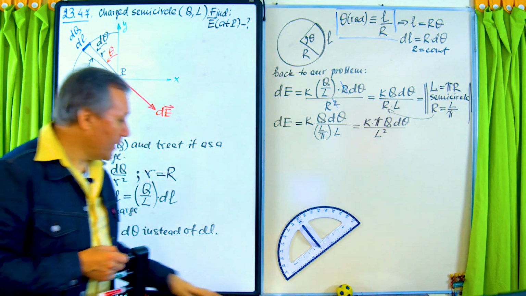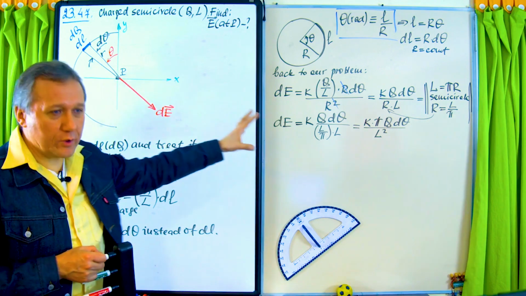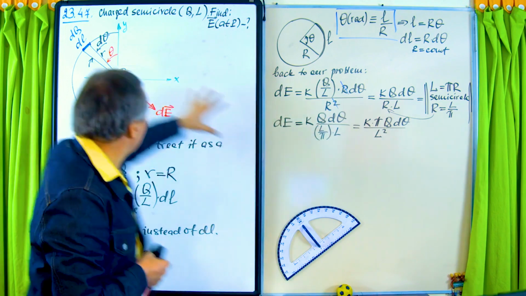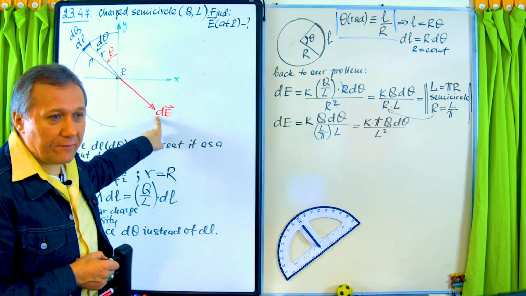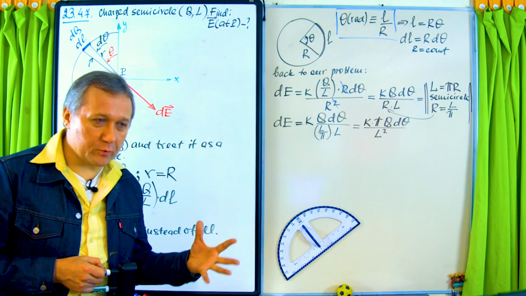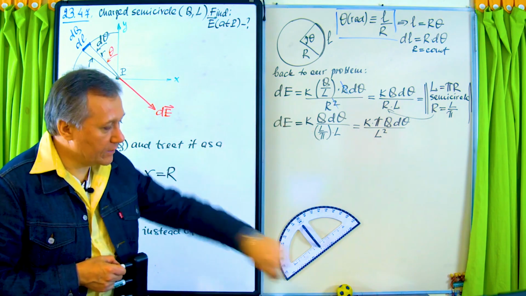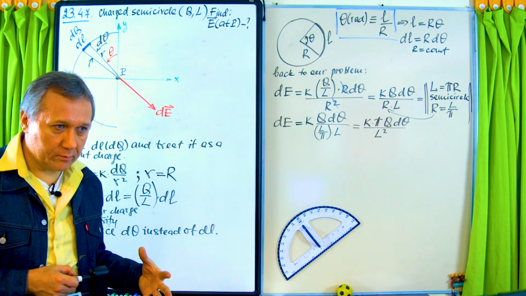But again, now we need to be careful. Of course, you need to integrate, but you cannot just grab that formula and start integrating over the whole semicircle, because this is a vector quantity. According to calculus, what you're supposed to do at this point is find the x component or y component, and then integrate them all.